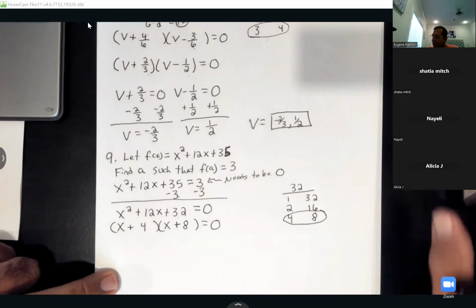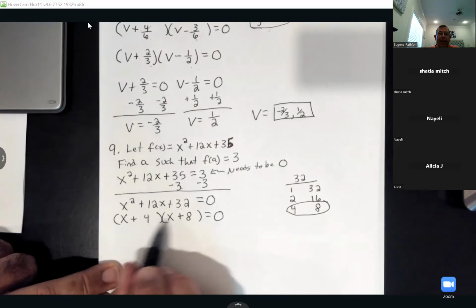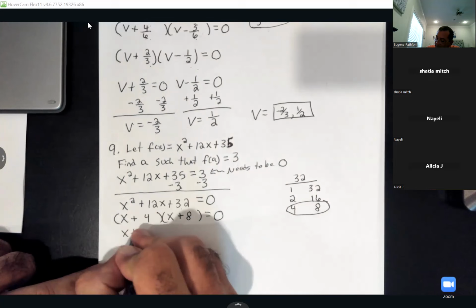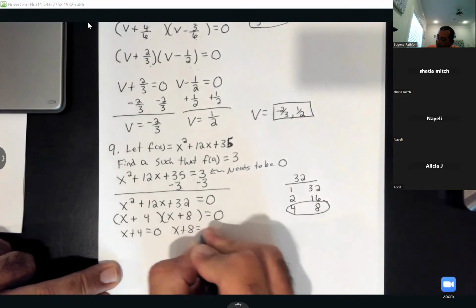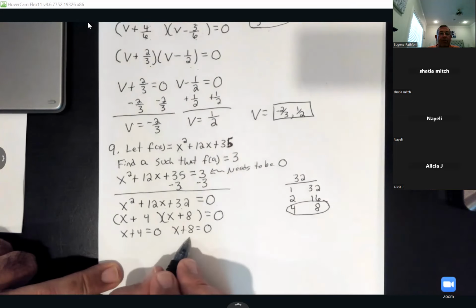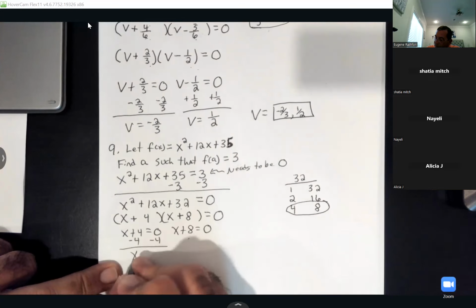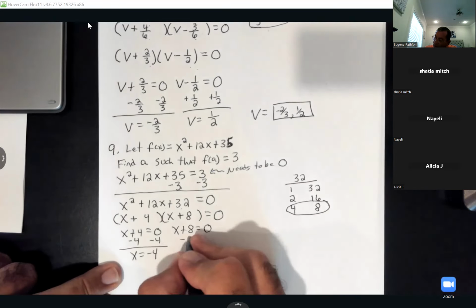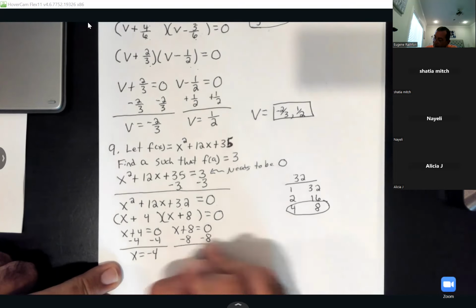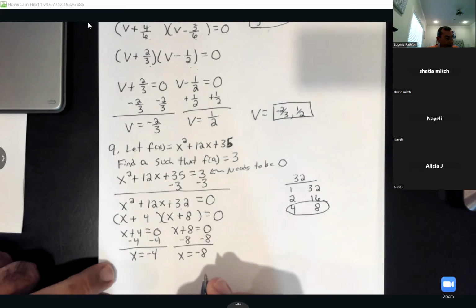And y'all, like before, all I'm going to do on the rest of this is change these two signs by setting both my factors equal to 0. So I'll subtract 4 on the first one. Then on the second one, I'll subtract 8. And I get x is a -8.